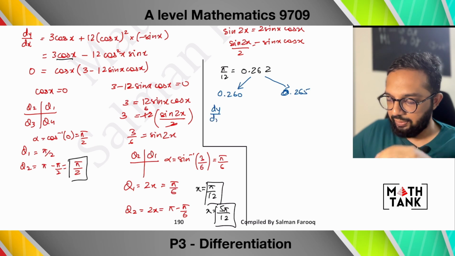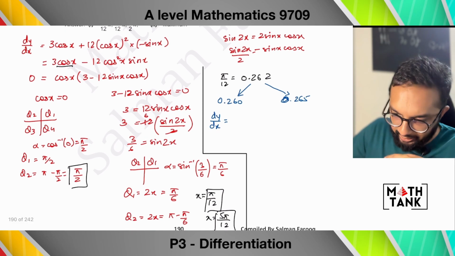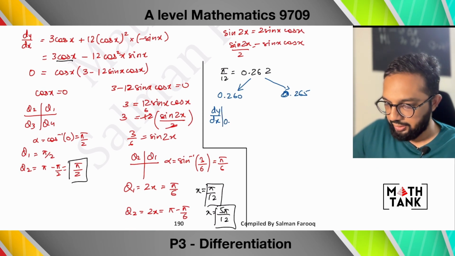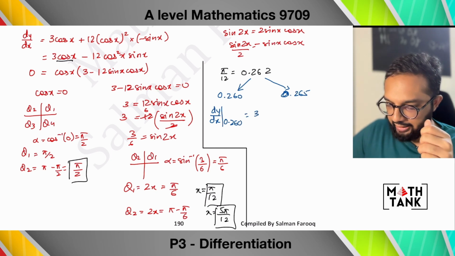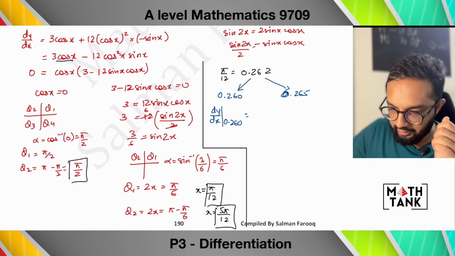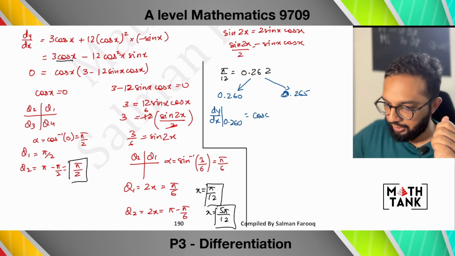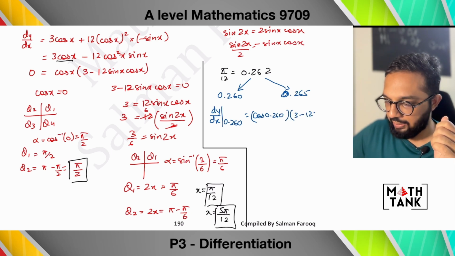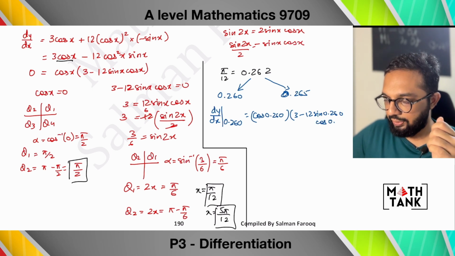I'm going to use my dy by dx and calculate that at 0.260. So I write down 3 cos x, or I can also write it in the simplified form: cos 0.260 into 3 minus 12 sine 0.260 into cos of 0.260.